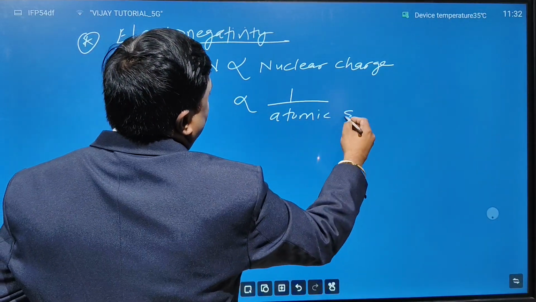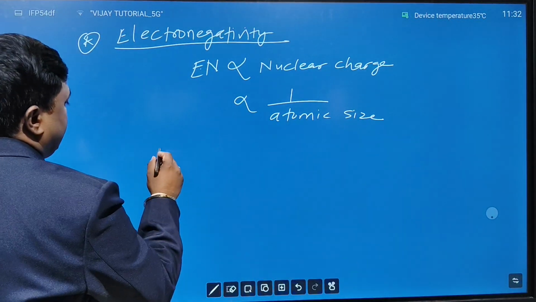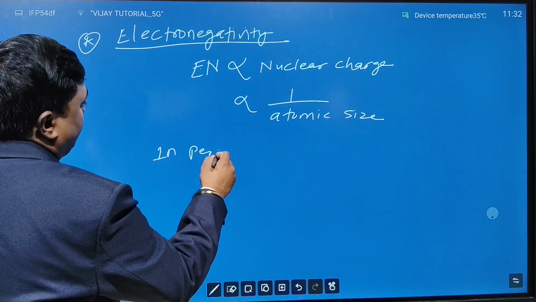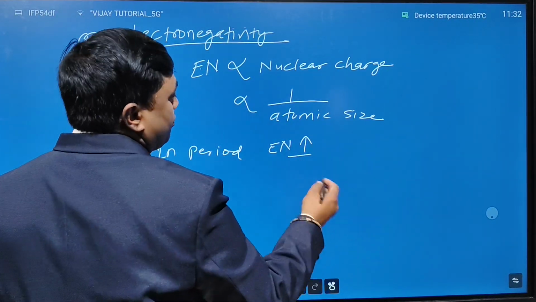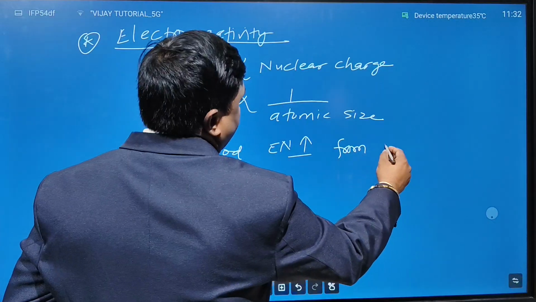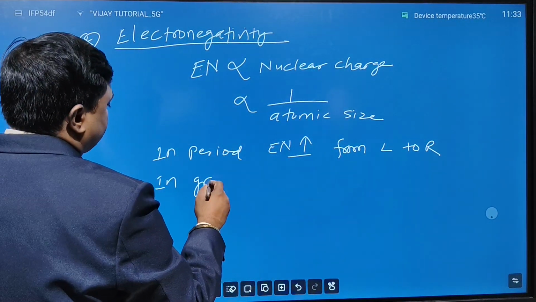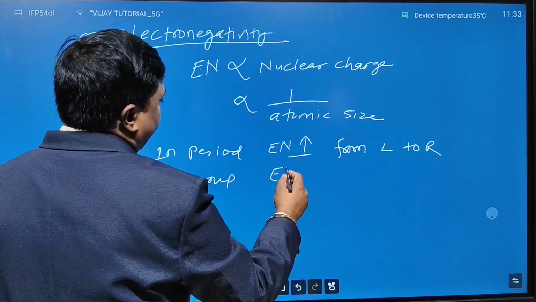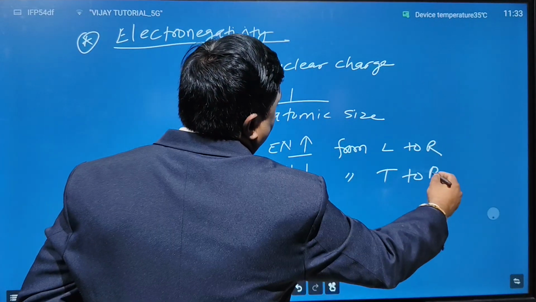In a period, moving from left to right, electronegativity will increase. And in a group, electronegativity will decrease from top to bottom.